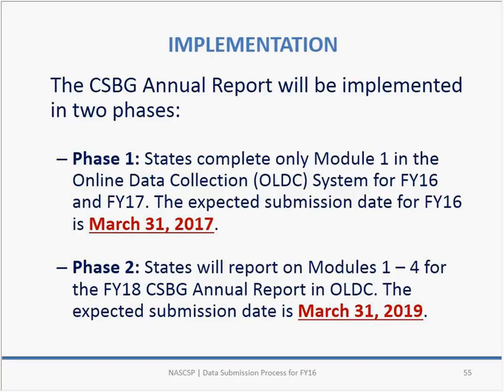And then in the second phase, we'll be reporting all 4 modules of the annual report. That will not happen until fiscal year 18, with the due date of March 31st, 2018.